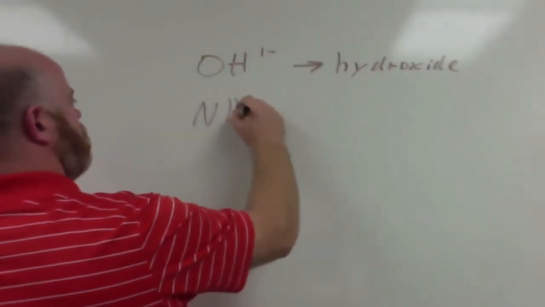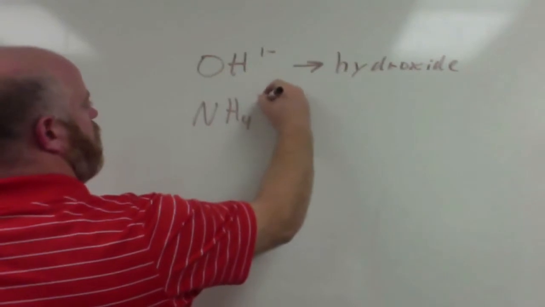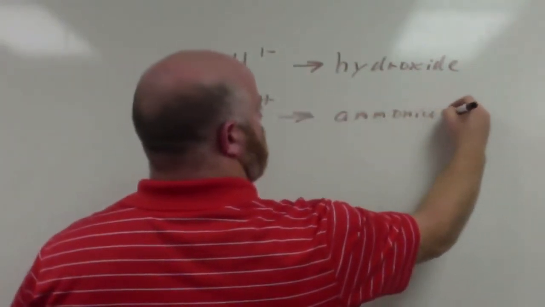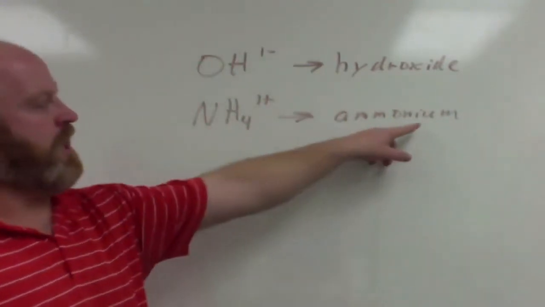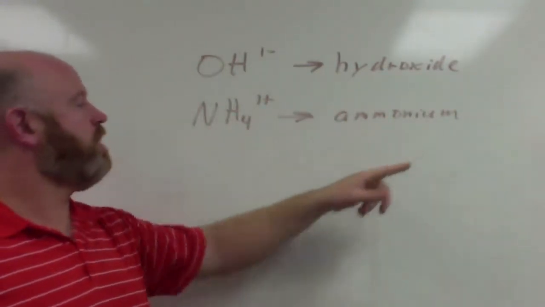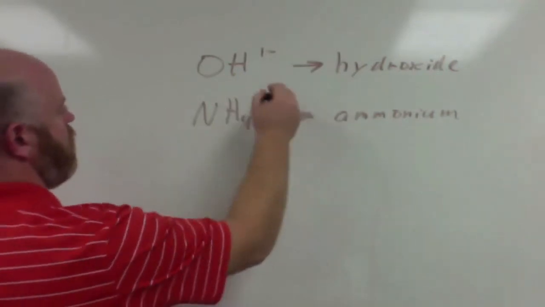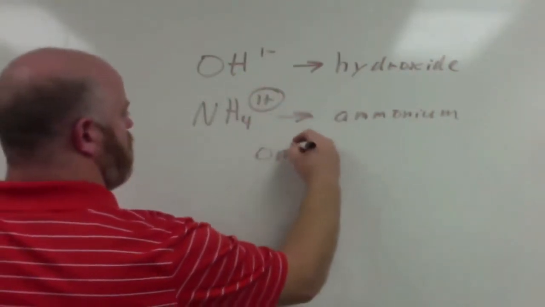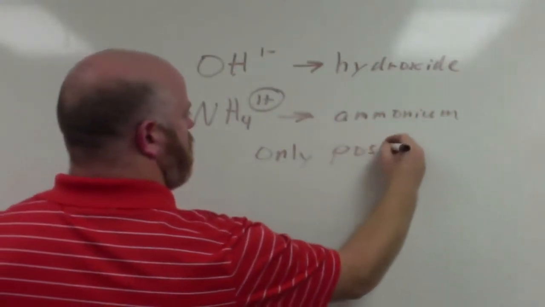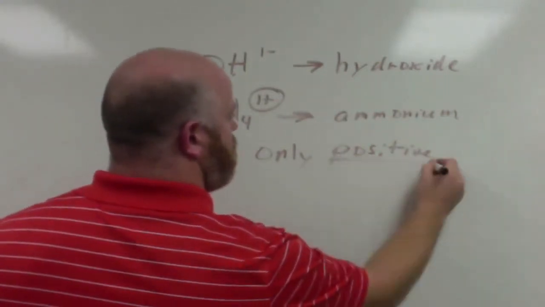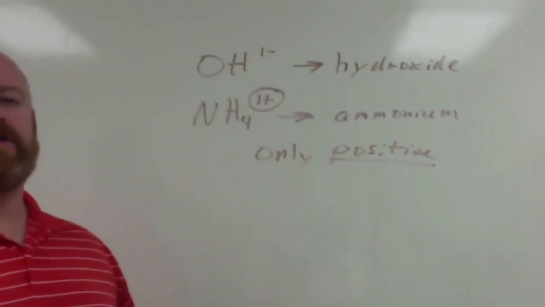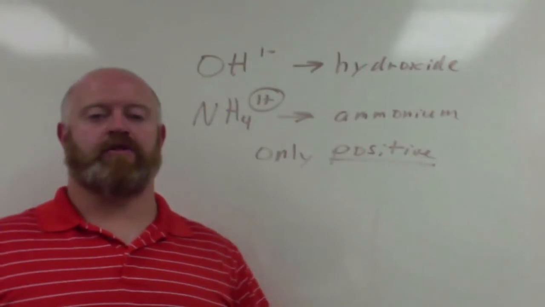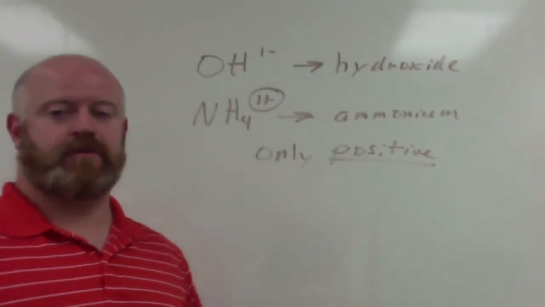Ammonium is also named a little differently, and this one is on purpose, because ammonium is our only positive polyatomic ion. So this is the only case where we're going to have a polyatomic ion that acts as a cation or is written first in a chemical formula.